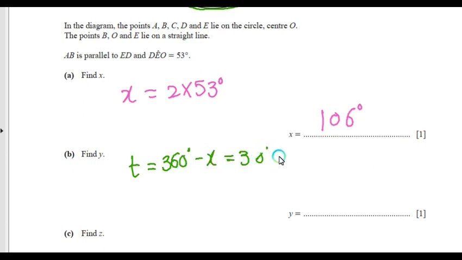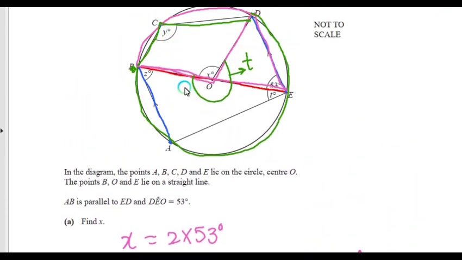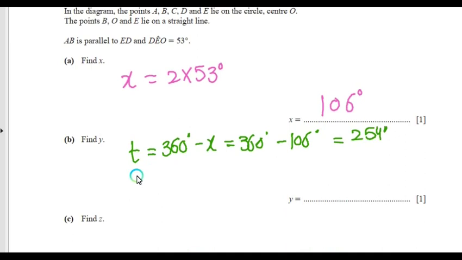Okay, next part, find y. So where is y? Where y is, here, this one. Okay, y is an angle that is made on the circumference, right? From which arc?